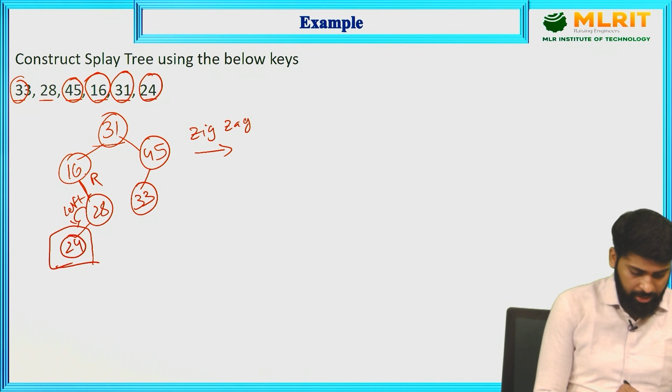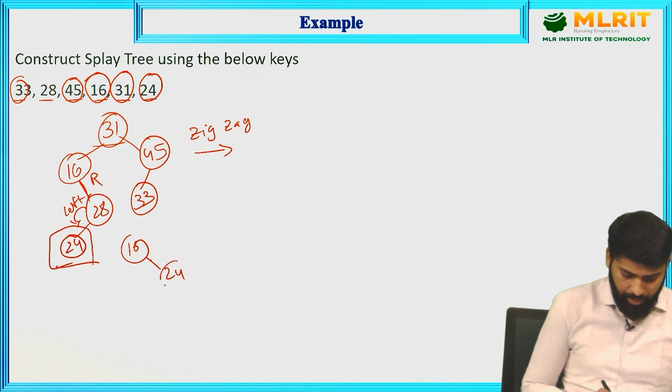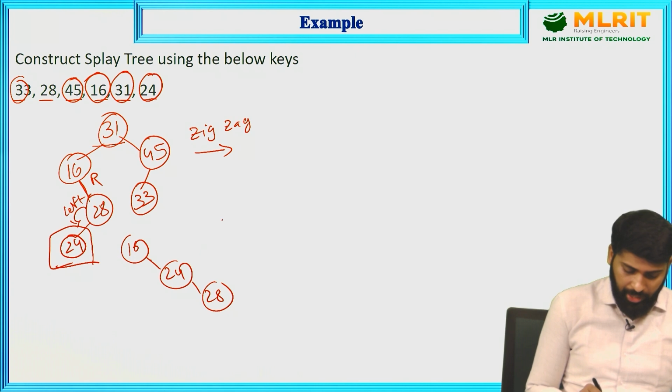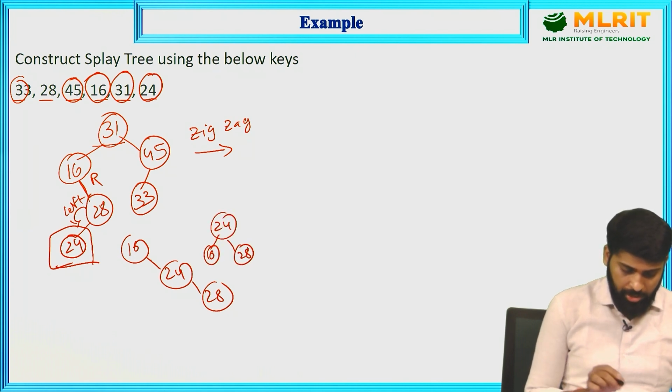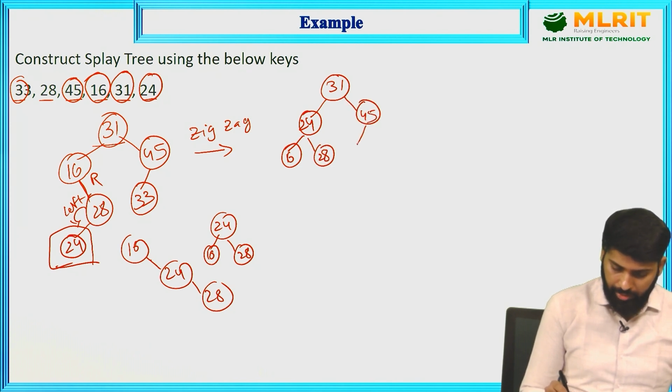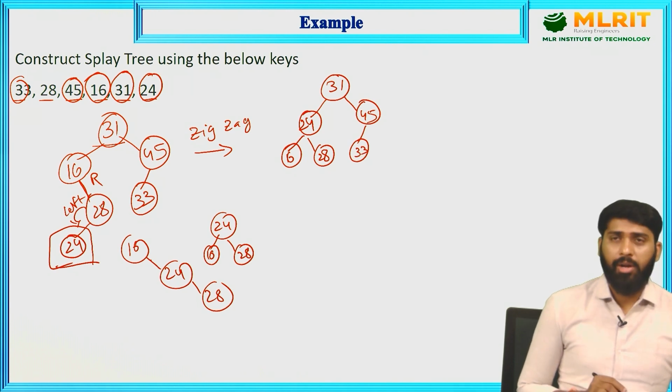Apply it here. Now, this is 16, 28, 24. It becomes 16, 24, 28 after applying the zig operation. Now, apply zag, so it becomes 24, 16, 28. The updated tree after applying zig-zag is 31, 24, 16, 28, 45 and 33. Now, make 24 the root.